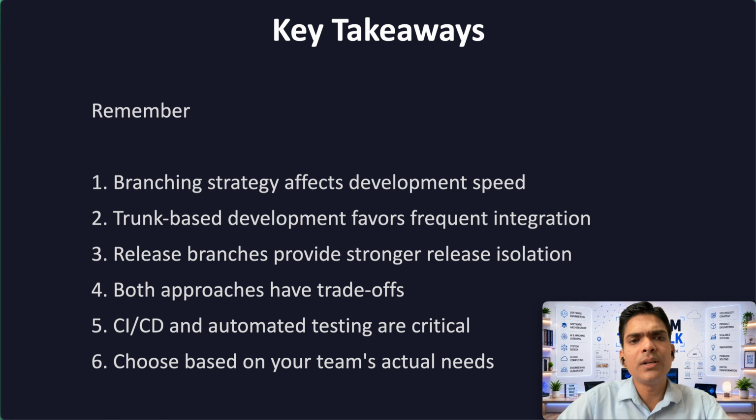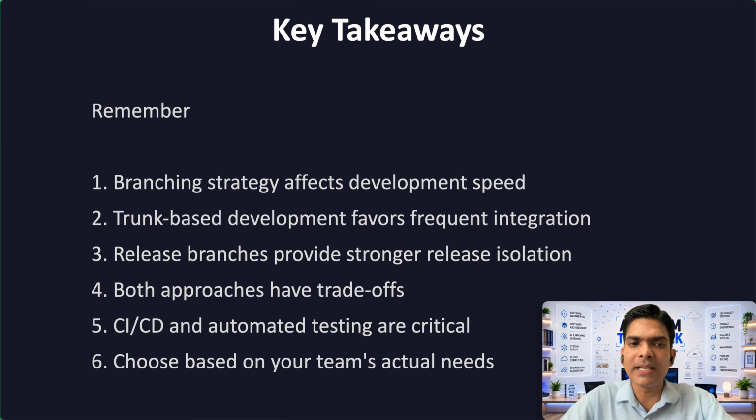Let's quickly summarize today's episode. First, branching strategy affects development speed, release frequency, and team collaboration. Trunk-based development favors frequent integration and fast feedback. Release branches provide stronger release isolation and version control. Both approaches have trade-offs.